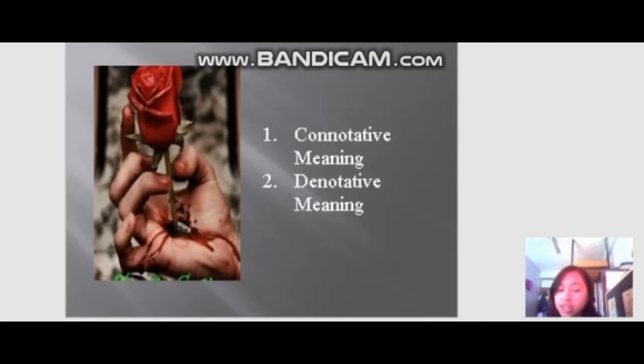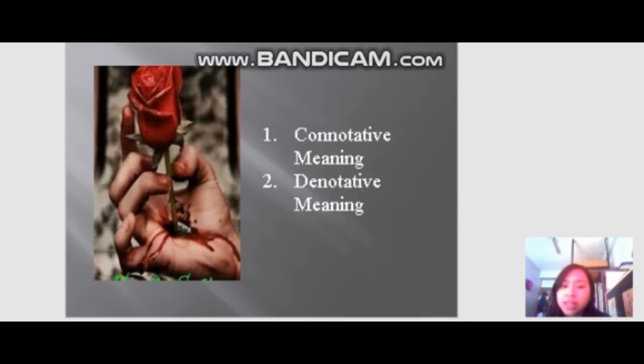Yes, from the picture we can find the connotative meaning and denotative meaning. But first of all, you need to know what connotative and denotative meaning are. So, connotative meaning is the real meaning, and denotative is the symbol meaning.